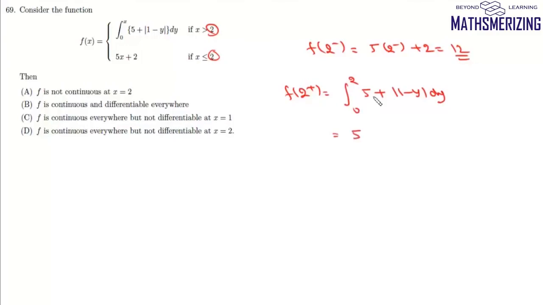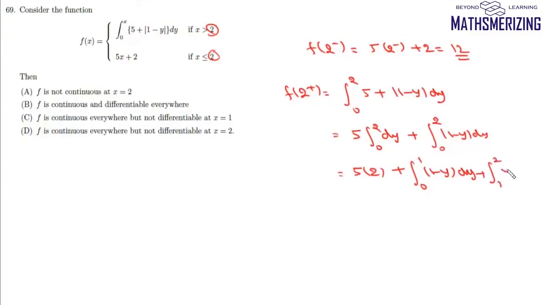Now this is 5 times the integral from 0 to 2 of dy, plus the integral from 0 to 2 of mod of 1 minus y dy. Now this is 5 into 2, and then plus from 0 to 1, 1 minus y dy, and then from 1 to 2, y minus 1 dy.